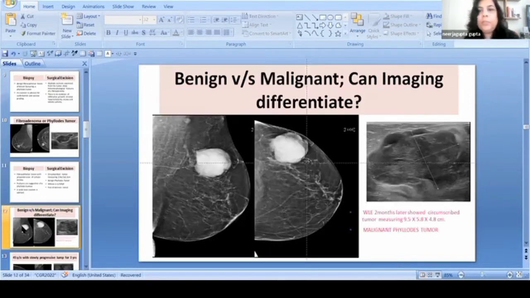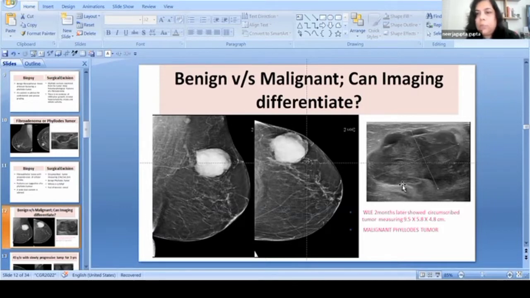Now, coming to the next question, whether we can differentiate between benign and malignant tumors. So, here is a case which looks very circumscribed, very high density, and it looked rather heterogeneous on the ultrasound. So I would consider a phylloides in the differential.